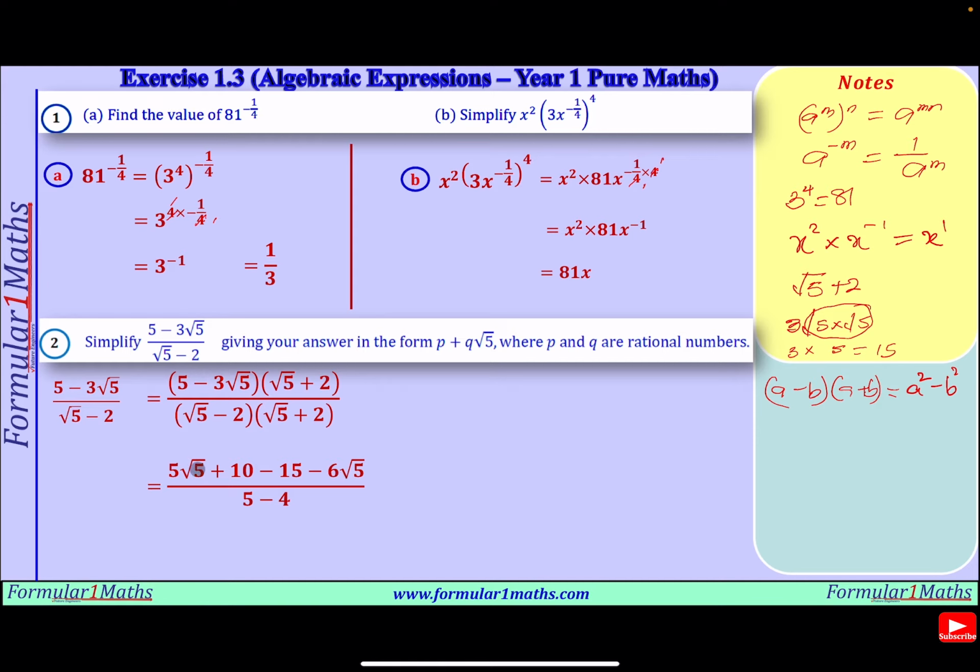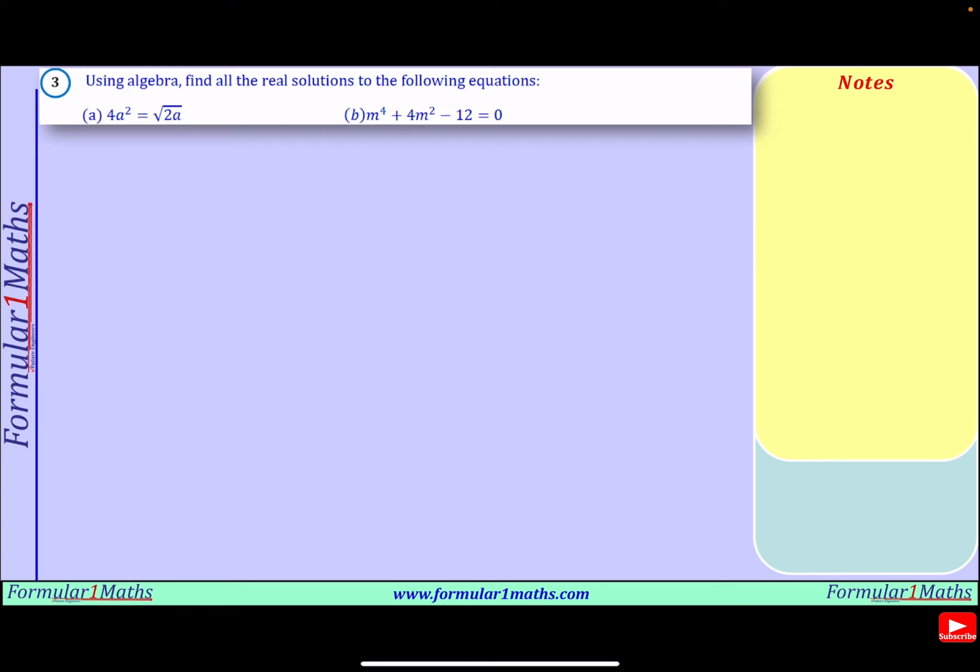And so if you simplify the top and collect like terms, you are going to get minus 5 minus root 5 over 1, because 5 root 5 minus 6 root 5 is minus root 5, and then 10 minus 15 is minus 5. And that is the final answer. So in this case, you can see that p is minus 5, and q is minus 1.